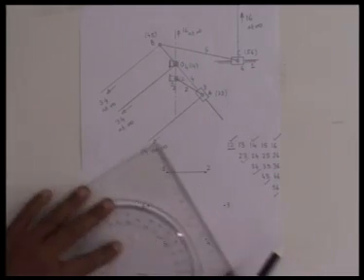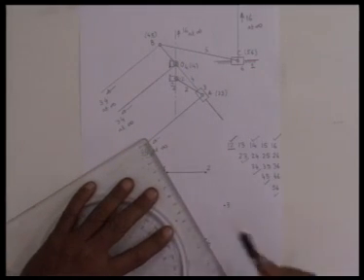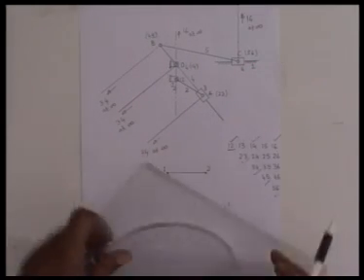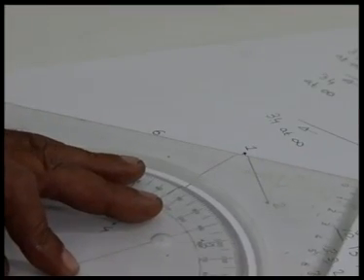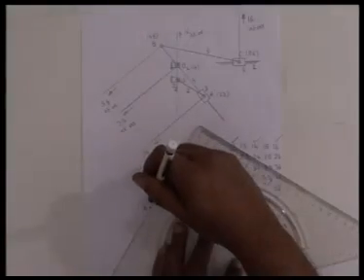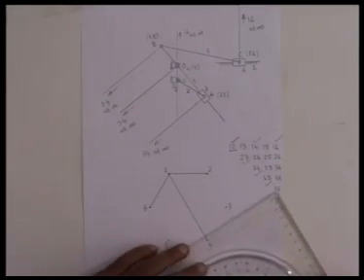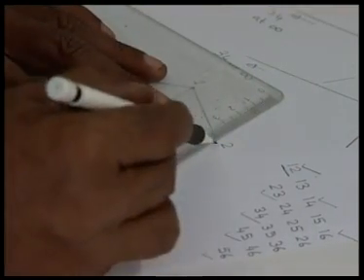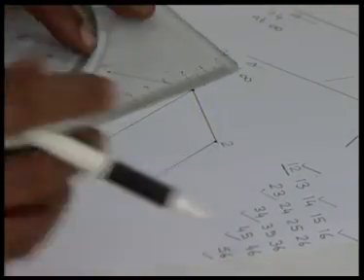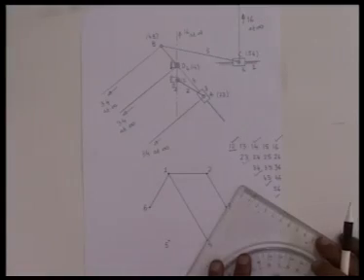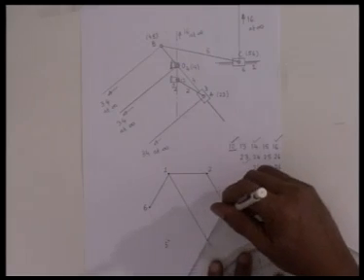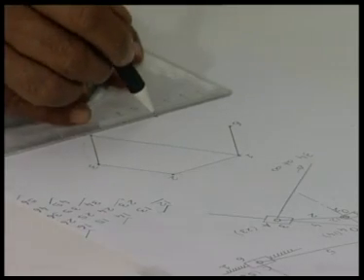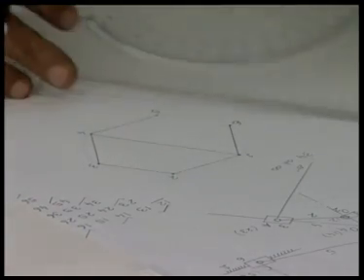We have determined 1, 4. So I join 1 and 4. I have determined 1, 6, so I join 1 and 6, 2, 3, so I join 2, 3, 3, 4, so I join 3, 4, 4, 5, and 5, 6.